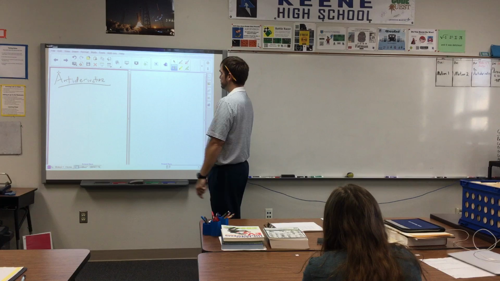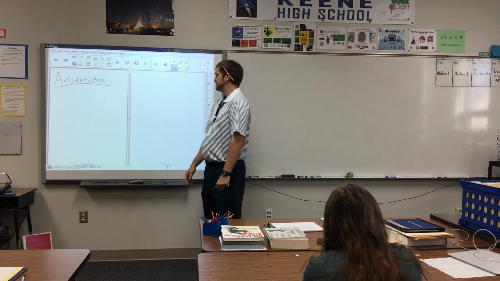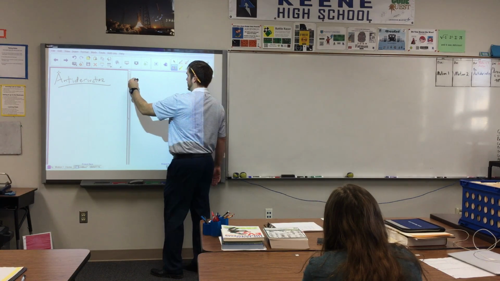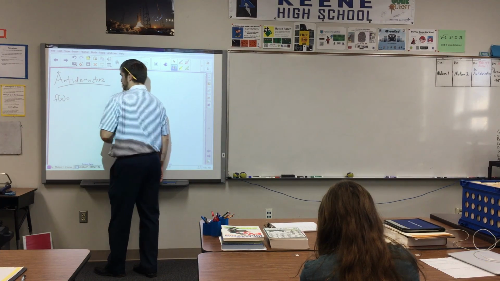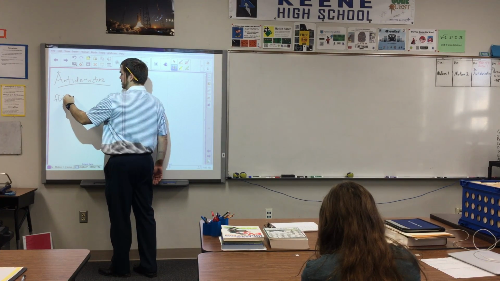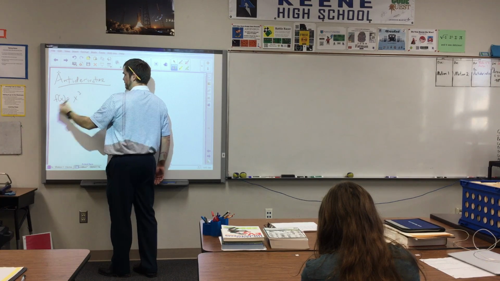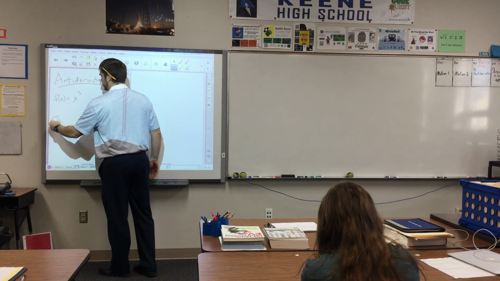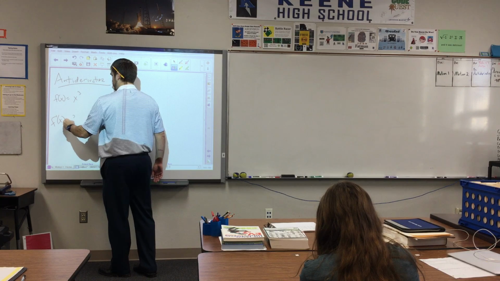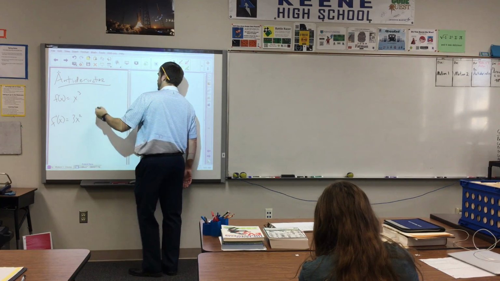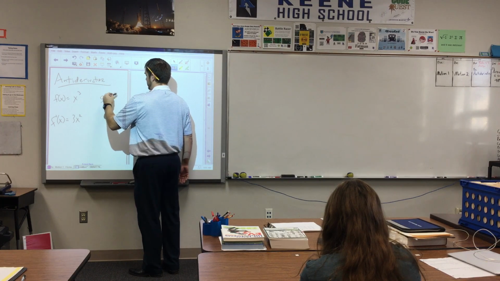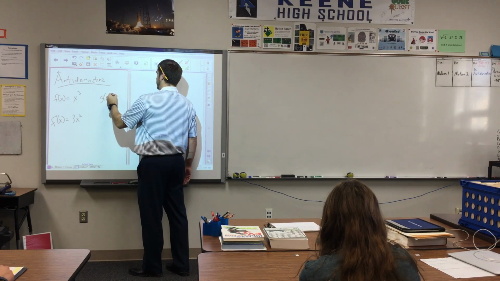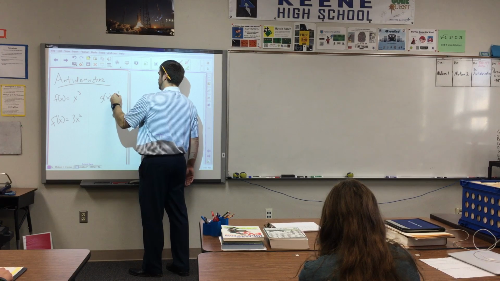Okay, so let's say that I have f of x equals x cubed. What's the derivative, class? 3x squared. What if I have g of x equal to x cubed plus 10?